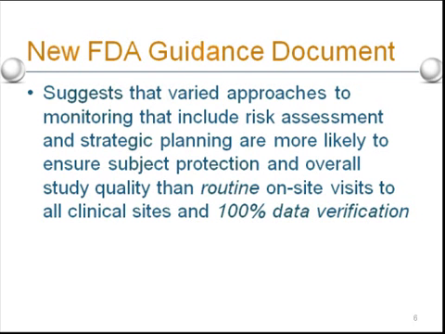So it's really moving away from 100% data verification as a rote response to trial management with visits maybe every 2 months or every 6 weeks to a plan that's set up at the onset of the trial to really characterize what are the risks and what's an appropriate level of monitoring for that trial.